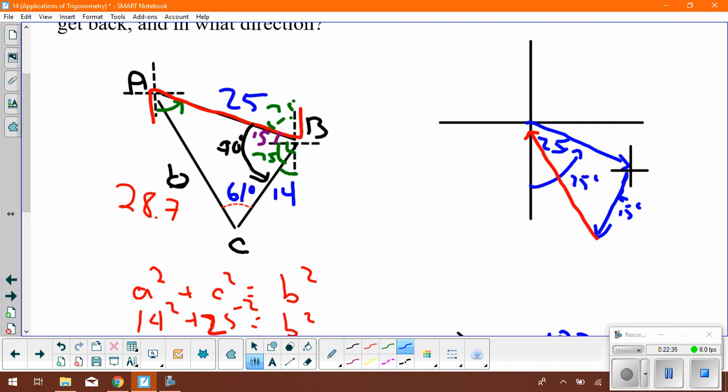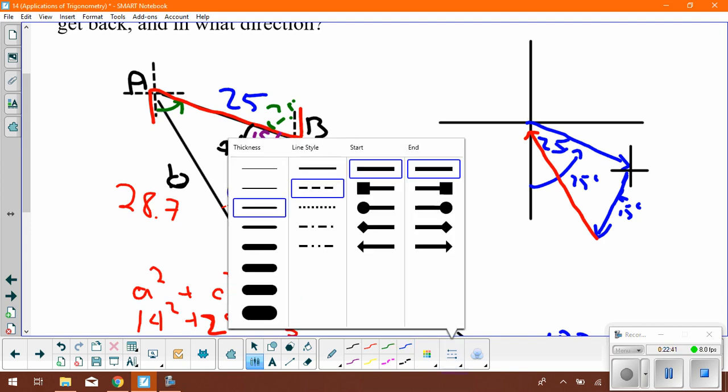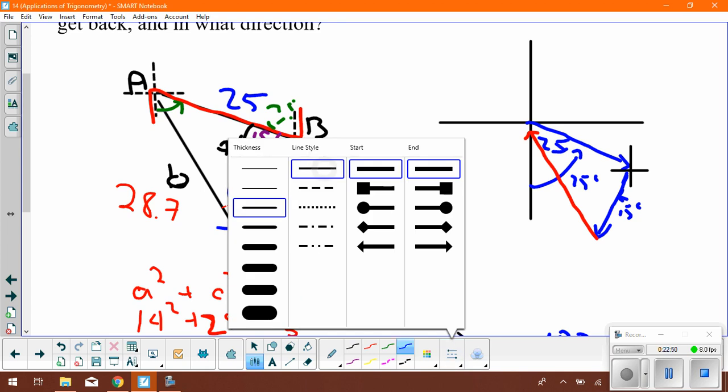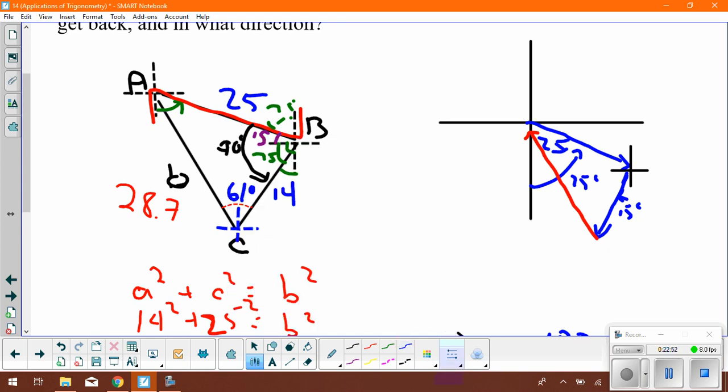To actually get the numbers I need, because again, we want this to be in a bearing, I'm going to go down here. Same idea as before. The total angle is 61. I knew that this little angle in here was 15.